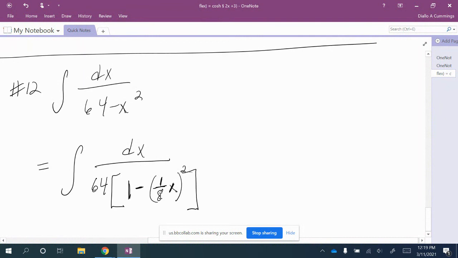If you were to square 1/8, you would square 1 and get 1, you would square 8 and get 64. When you distribute 64 by the second term, the 64s cancel, and I'm left with x squared. So I have 1 minus x squared, so to speak. My first term is a perfect square and my last term is a perfect square.